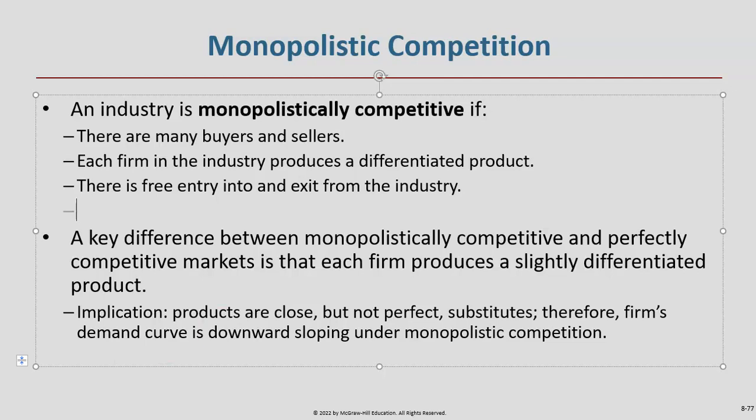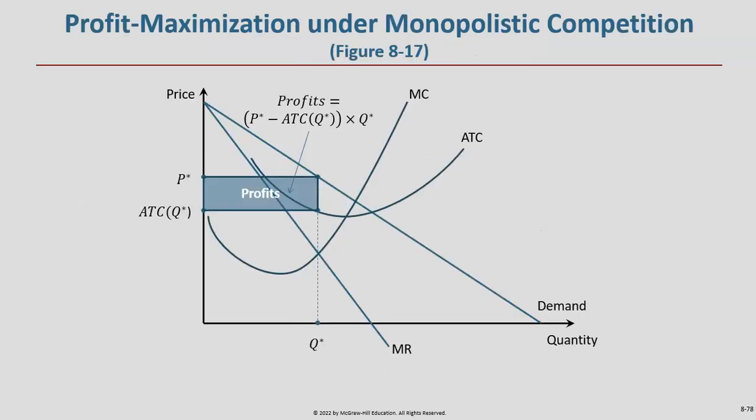And here's a picture of what's going on. Okay, the picture is identical to the graph or the model of a monopolistic market structure, and the demand curve is drawn with a kind of similar slope.